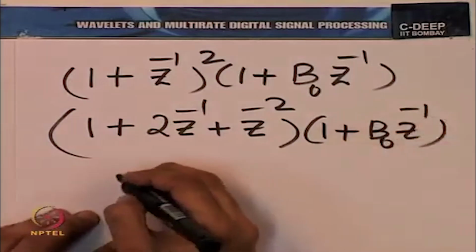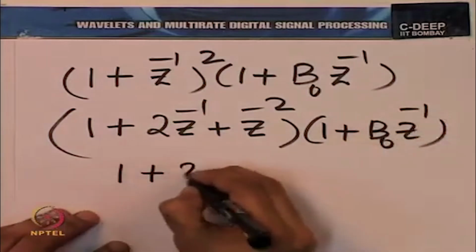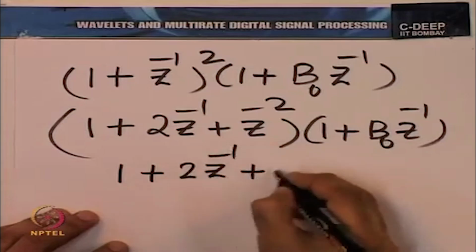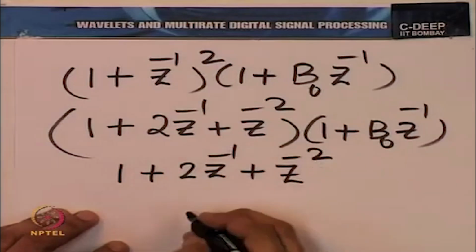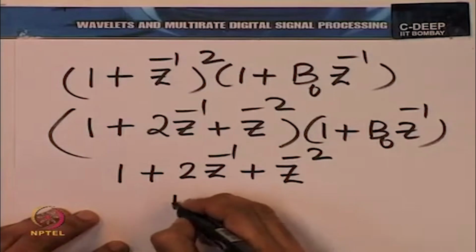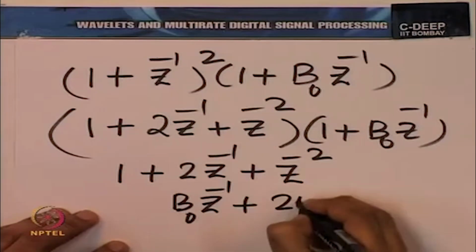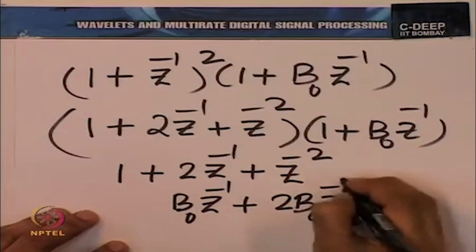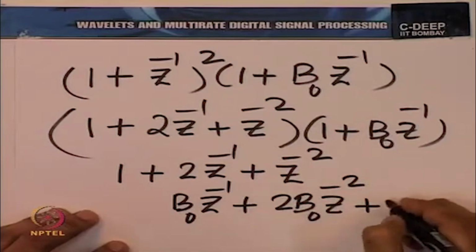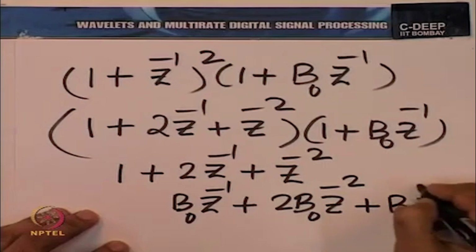If we collect terms, it gives us 1 plus 2 z inverse plus z raised to the minus 2 plus B 0 z inverse plus 2 B 0 z raised to the minus 2 plus z raised to the power minus 3 times B 0.